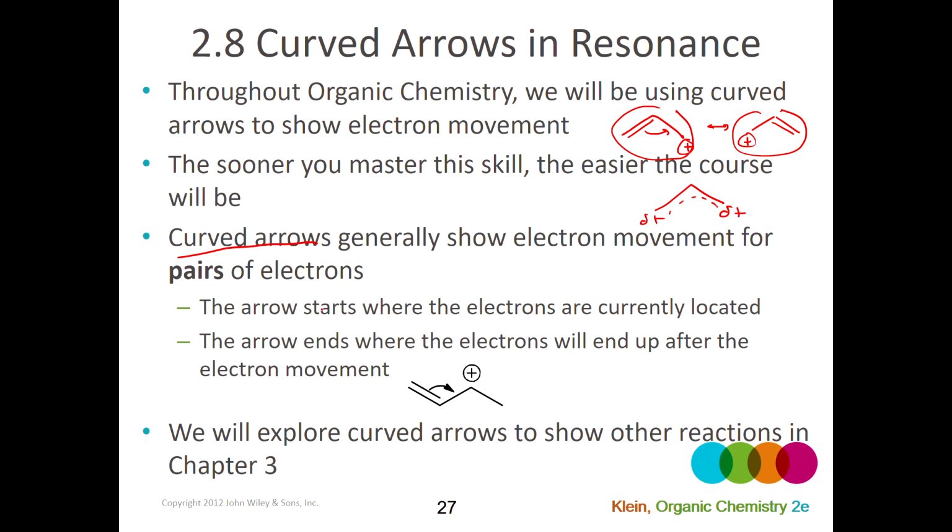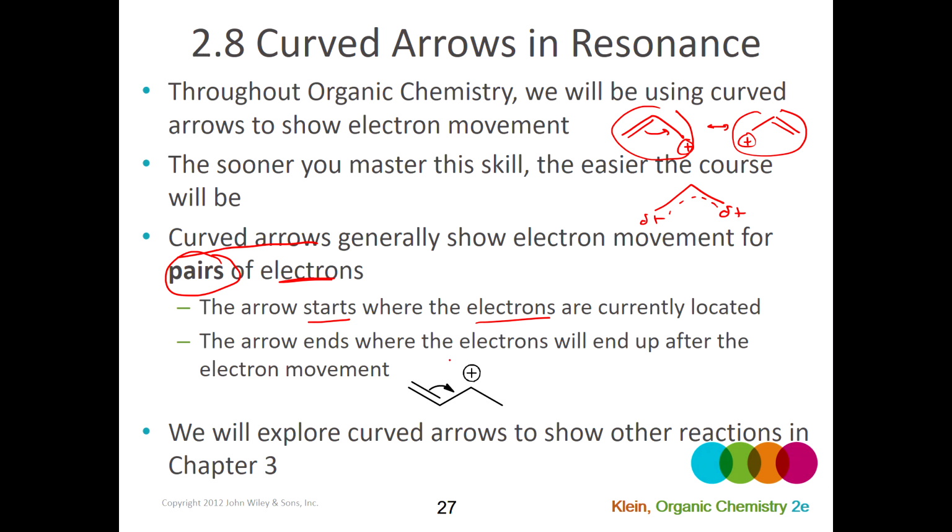So the curved arrows show electron pairs moving. They show electrons moving. So the arrow must start where there are electrons. The arrow does not show what has already happened. The arrows show what is about to happen.